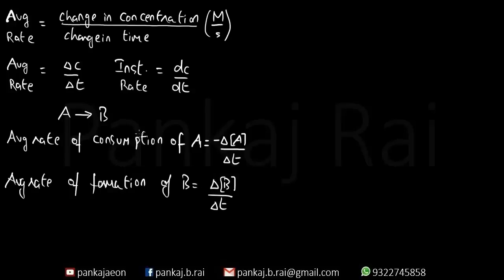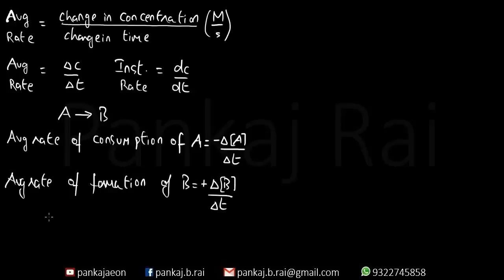As A is getting converted to B, the concentration of B keeps increasing, so final concentration minus initial concentration would be a positive quantity, so we need not introduce a minus sign here, we simply write plus. So this is very simple: if A is getting converted to B, average rate of consumption of A is minus delta A by delta T, and average rate of formation of B is plus delta B by delta T.